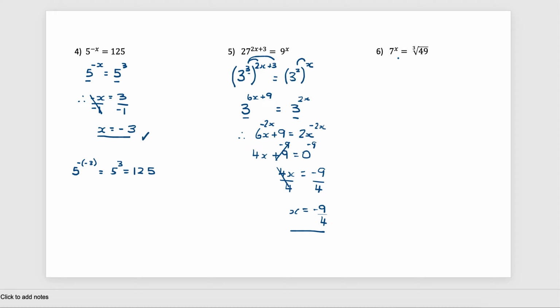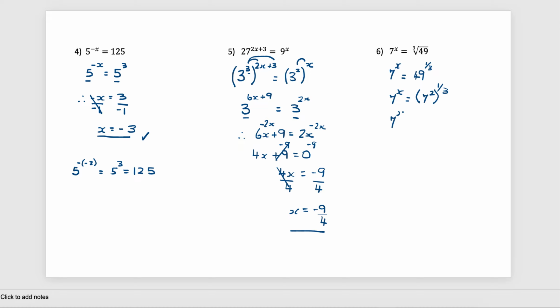Last question here. 7 to the power of x is equal to the cube root of 49. Let's leave 7 to the power of x as is, but then I'm going to write the 49 to the power of 1/3, because as you know, 1/3 means the same as the cube root. So then we've got 7 to the power of x equals, I'm going to change the 49 into 7 to the power of 2, everything to the power of 1/3.